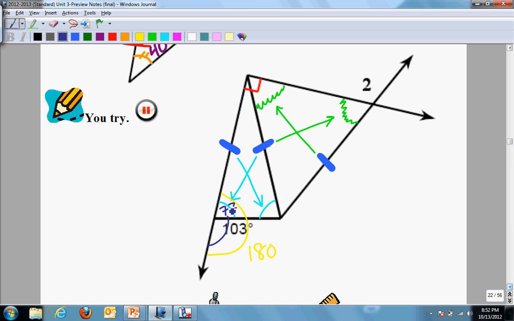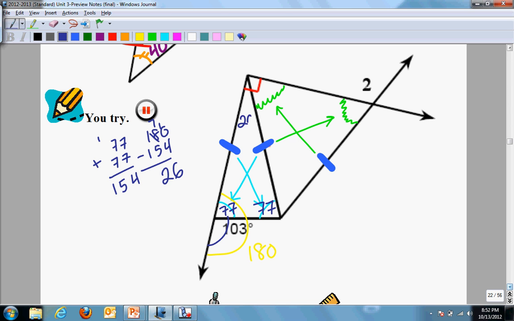If that's 77, you should have gotten 77 here. Now we add 77 plus 77. 14, carry the 1. We get 154. Take that away from 180. Of course we get 26.